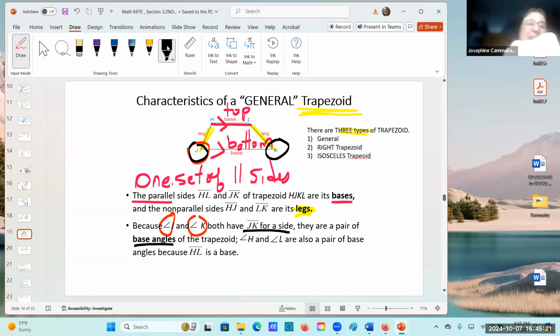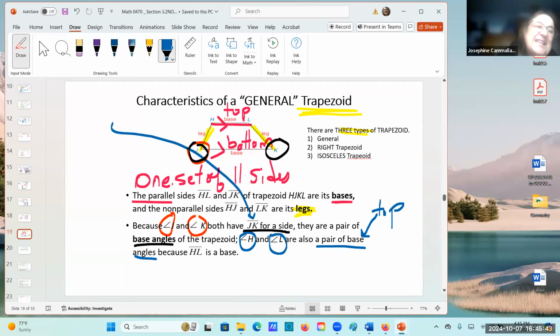H and L are also a pair of base angles, but these are for the top base. This is for the bottom base. JK is the bottom.